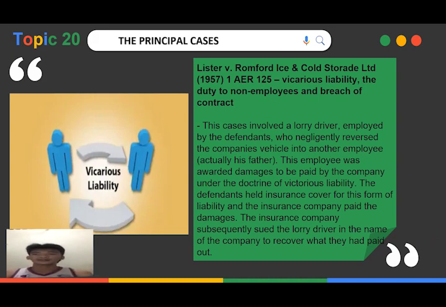This employee was awarded damages to be paid by the company under the doctrine of vicarious liability. The defendant held insurance cover for this form of liability, and the insurance company paid the damages. The insurance company subsequently sued the lorry driver in the name of the company to recover what they had paid.